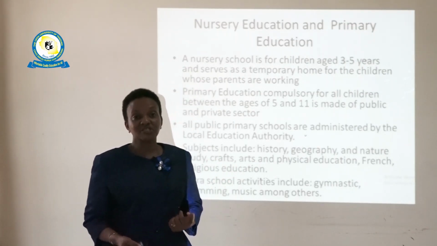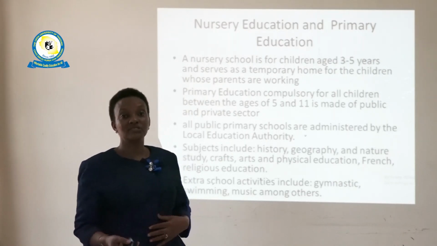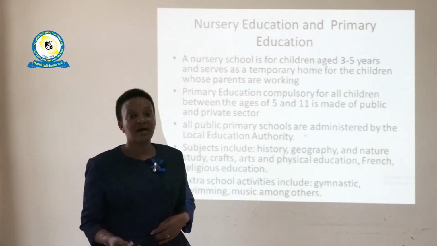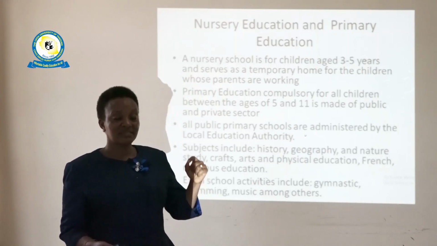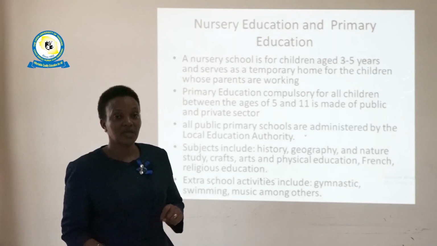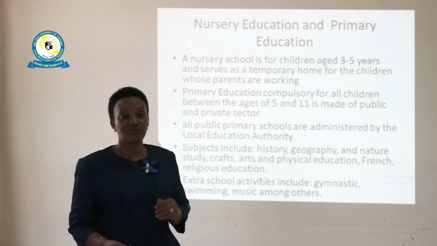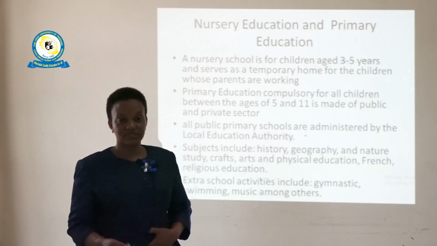Now, primary education is compulsory for all children between the ages of 5 and 11, and it is publicly and privately administered. All public primary schools are administered by the local education authority.